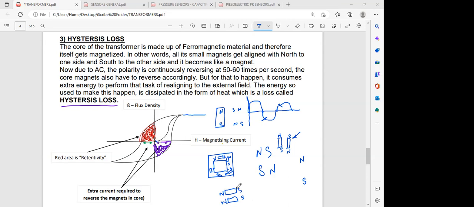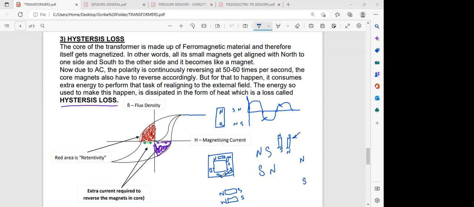So to make it completely scattered, or completely demagnetized, exactly like when you're magnetizing a screwdriver. What happens when you magnetize a screwdriver? All those tiny magnets get organized. But to demagnetize it takes some time. So that's the same thing that is happening over here.